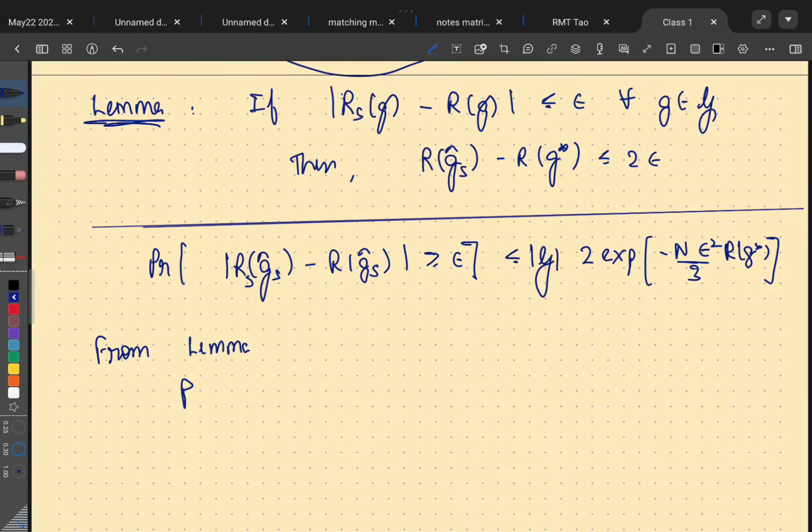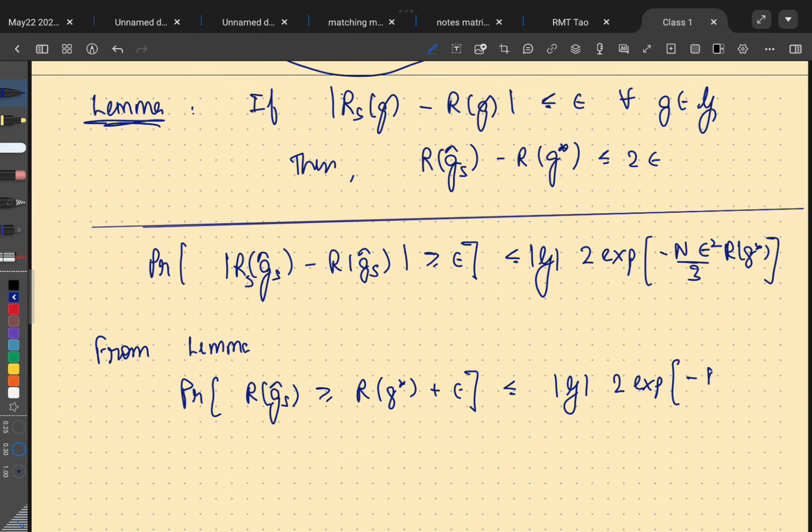So therefore, from the lemma, the probability that the risk achieved by the ERM deviates from the optimal risk by an amount epsilon is less than or equal to the size of G times 2 times e raised to minus n epsilon square by 3, R of g star.